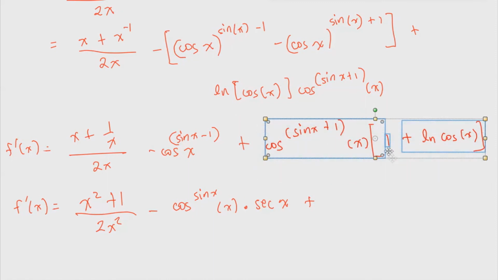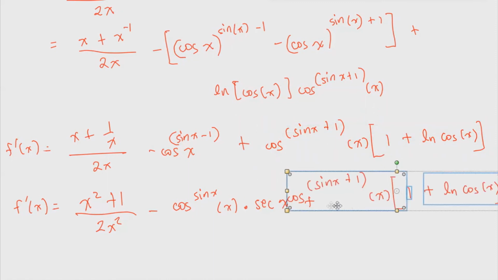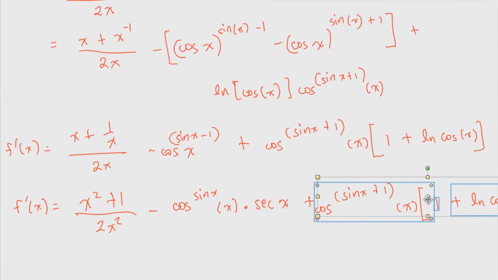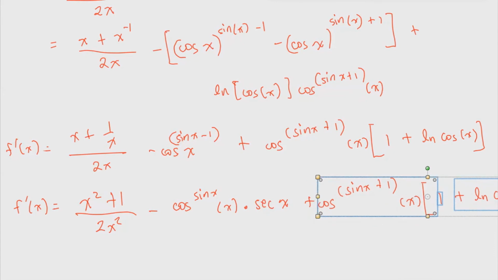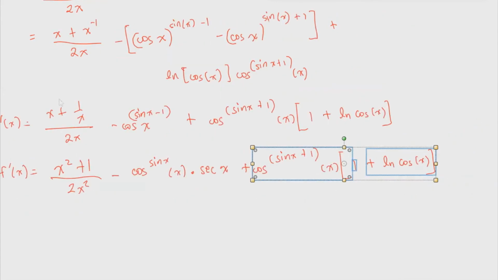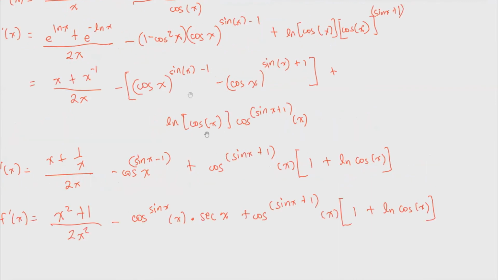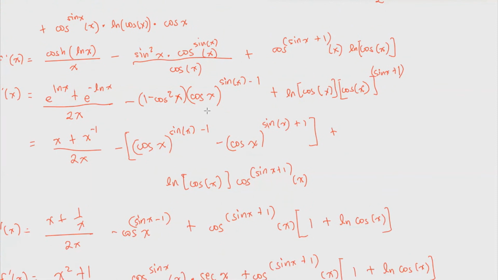By the way, expressing this in terms of the simplified form depends upon you. If you find this one already simplified, then you can already stop with that. But I'm just doing this to show you other ways that we can express the answers.